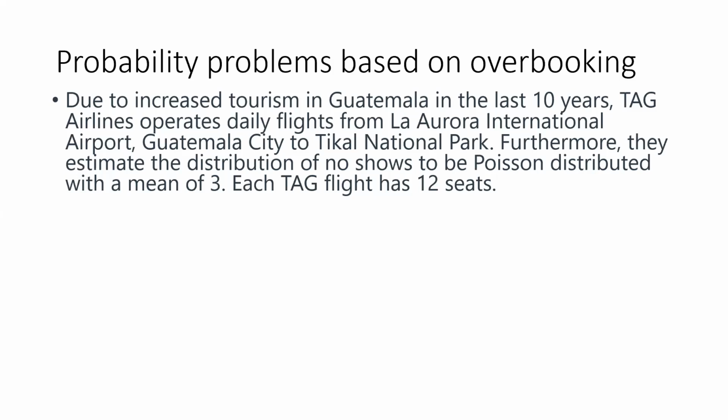Okay, so due to the increased tourism in the country in the last 10 years, TAC Airlines operates flights from La Aurora International Airport, Guatemala City, to the national park. Furthermore, they estimate the distribution of no-shows to be Poisson distributed with a mean of 3.